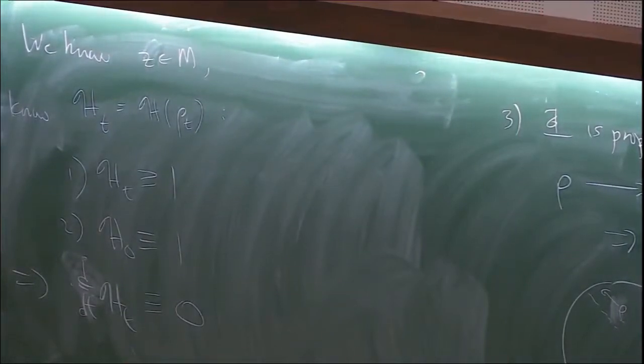As a function. That's right, because it's at least 1 when time's bigger than 1. Take a point, it starts out at 1, it gets bigger. Time derivative is identically 0.